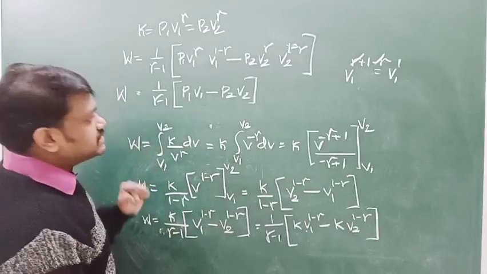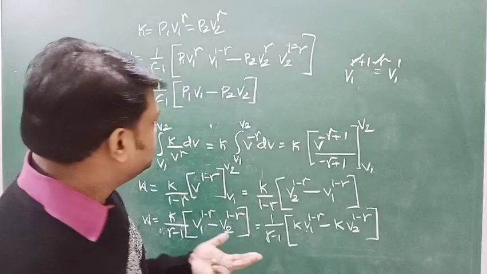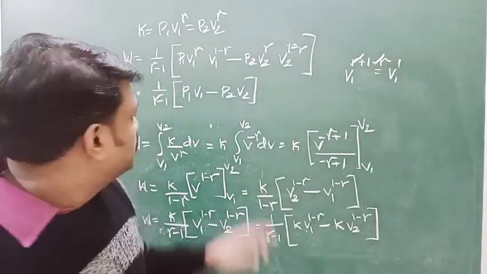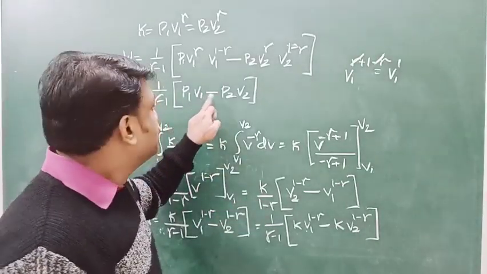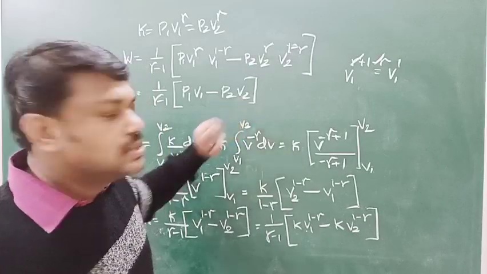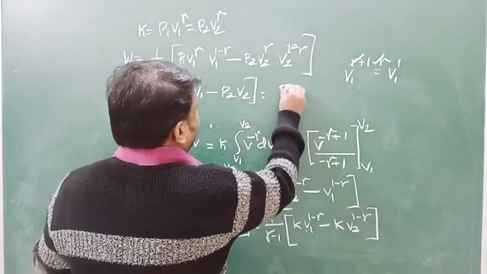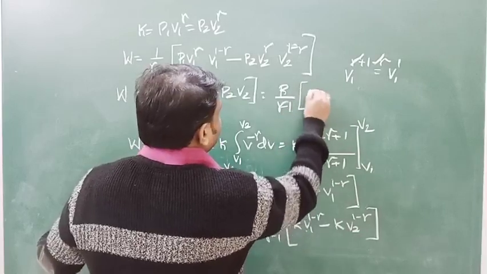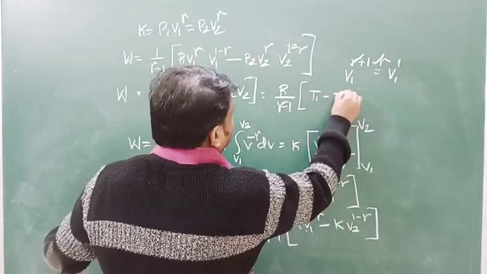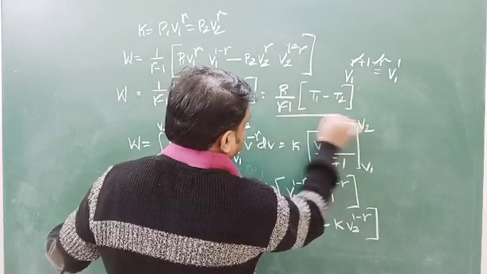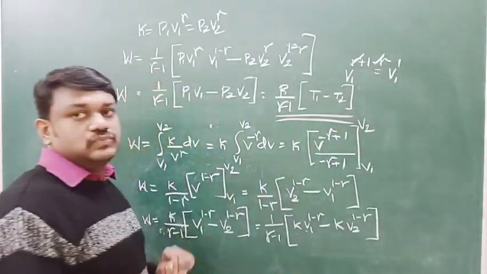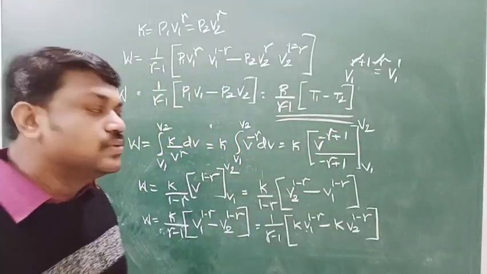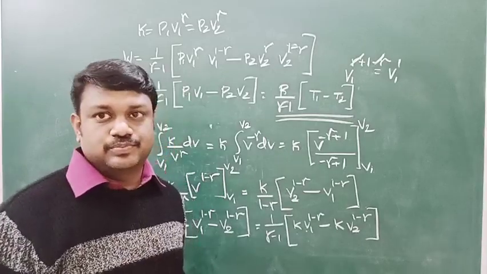Okay, but if you want, you can replace it using PV is equal to RT. So P1 V1 is equal to RT1, P2 V2 is equal to RT2. So this will become R divided by gamma minus 1 into T1 minus T2.